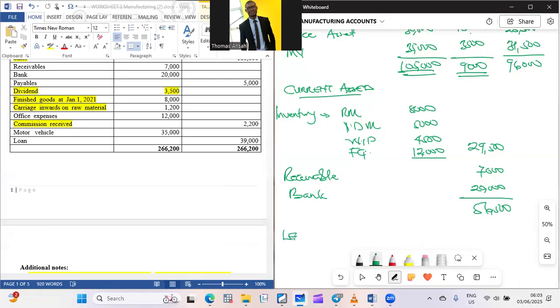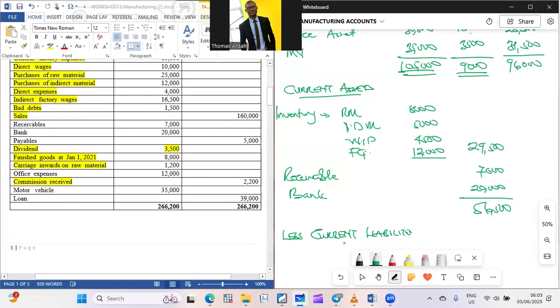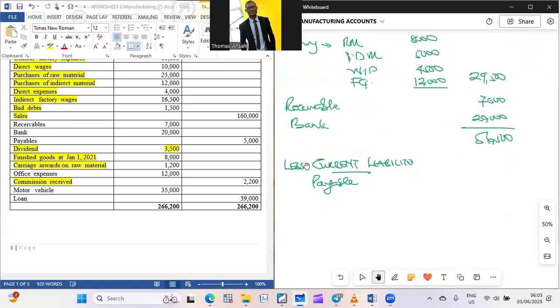You less what? Current liabilities. Remember, this is something we did in first semester. Current liabilities, we have payables, right? And this is where if there are any accruals, you bring them in. This is 5,000. So now we less it.